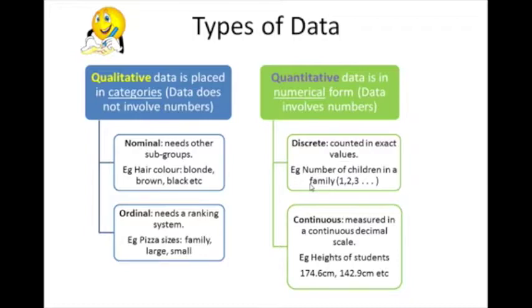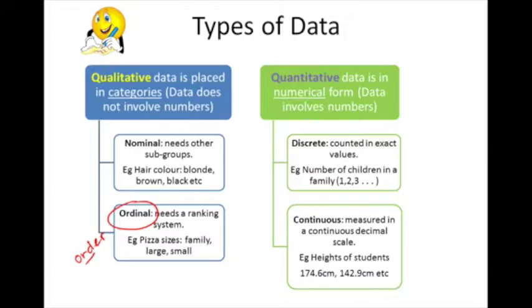It has some specific order to it, and if we have a look at the word ordinal, you'll see that the word ordinal does actually contain a little bit of the word order in it. So that might help you remember that ordinal means breaking something up into groups that has some sort of order in it. Okay, so they're the 2 types of qualitative data that are in blue on the left.